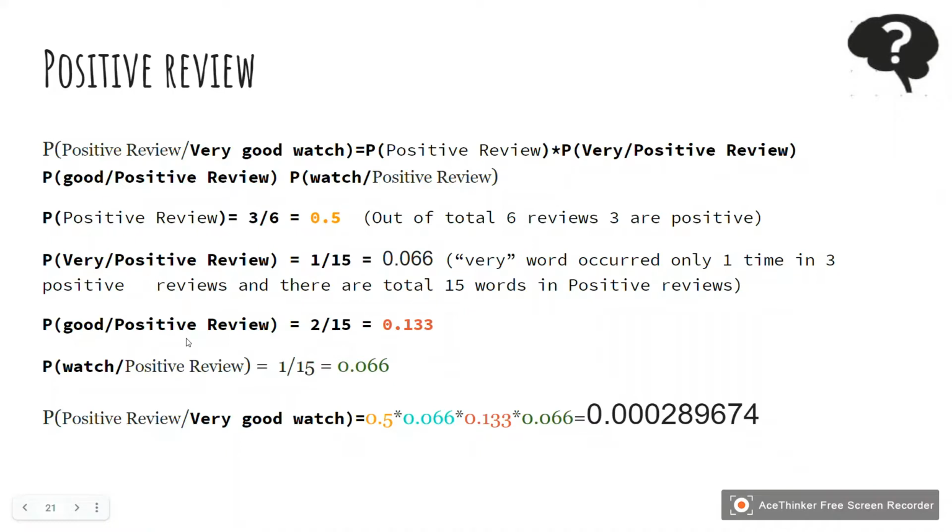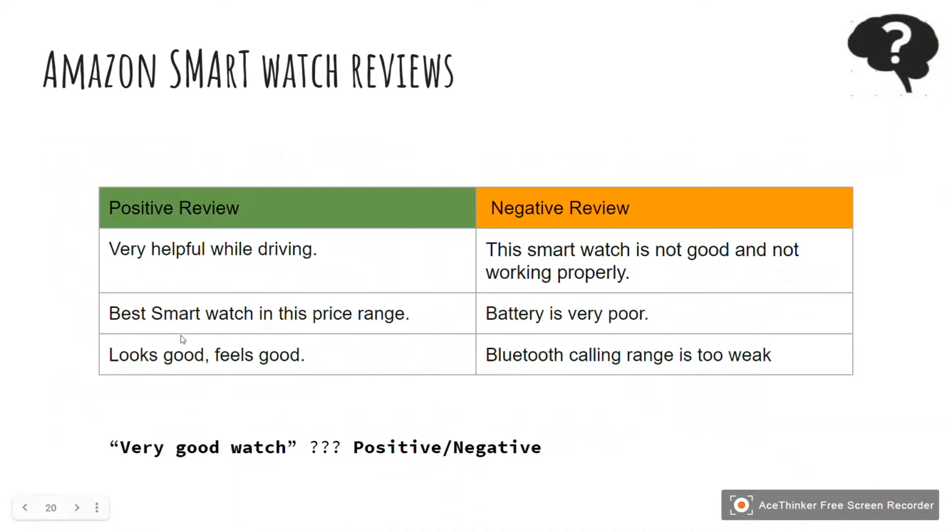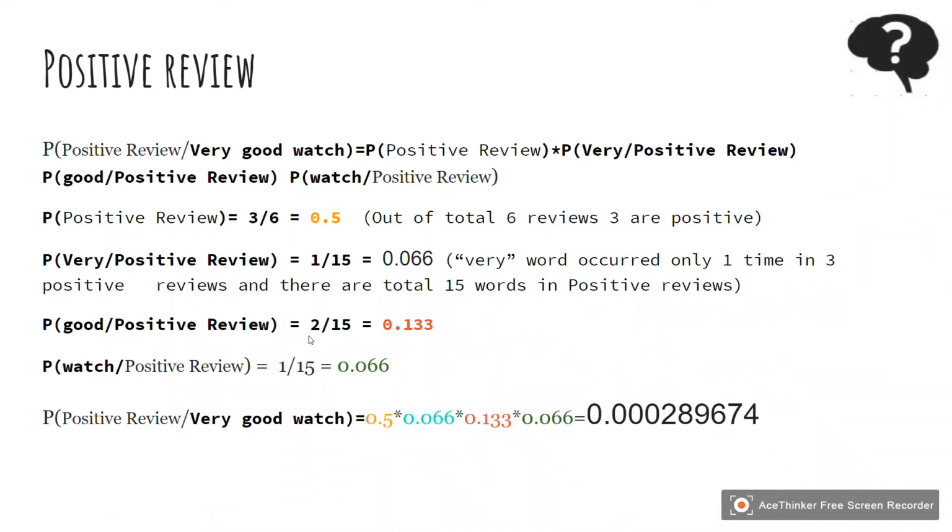Same with P of good given positive review. You just check how many times you see the word "good" in the positive reviews. I think in this review there is "good", and you see it 2 times, so it's 2 by 15. Same with the word "watch".